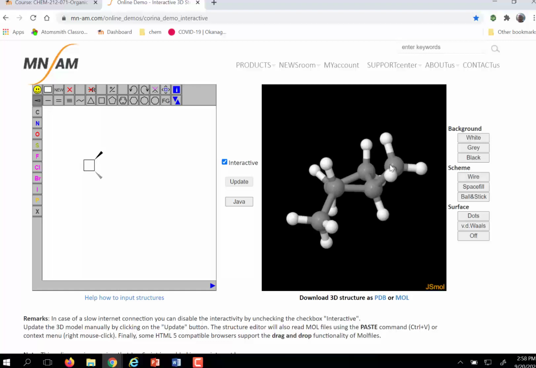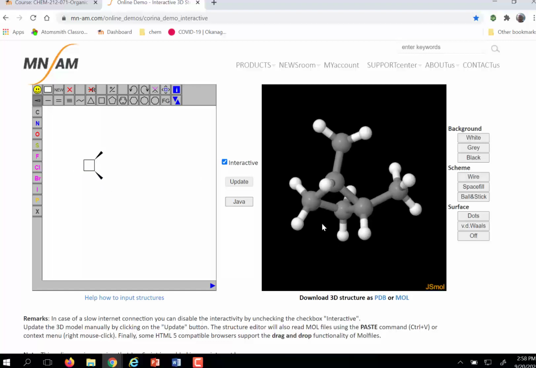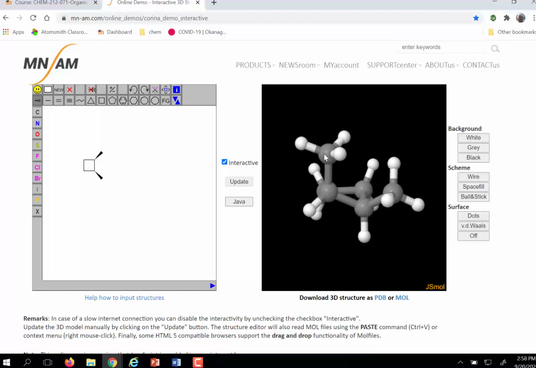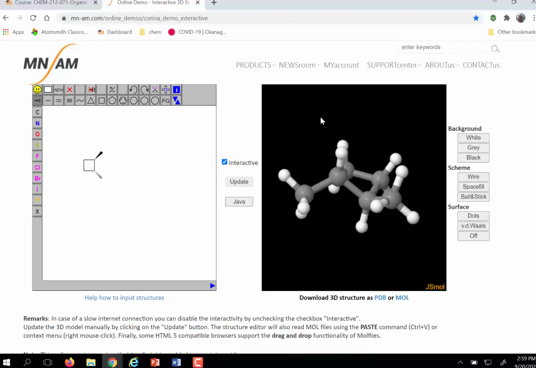If I now change back to the cis, once again, I look at the carbons that are making bonds to methyl groups. There's a carbon as part of the methyl group, and there's a hydrogen. So these 2 carbons that are making bonds to methyl groups have the same atom connectivity. And yet the molecules cis and trans are indeed different molecules.